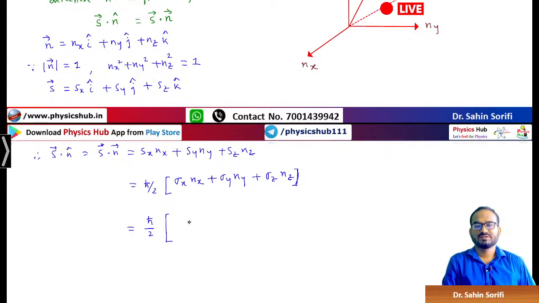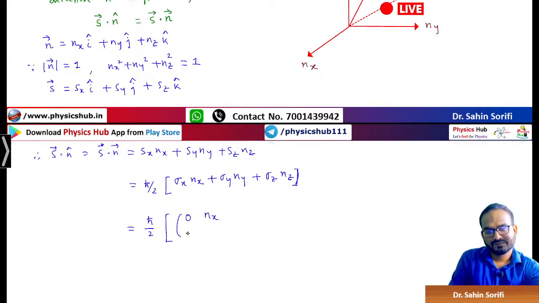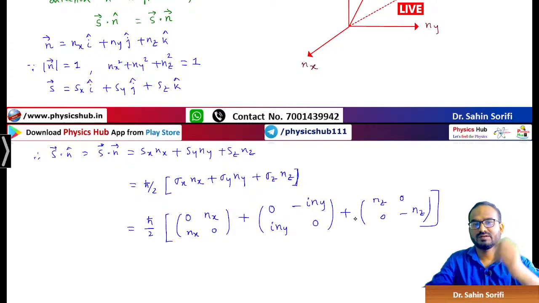Sigma x is 0 1 1 0. So 0 1 1 0 times nx, sigma y is 0 minus i, i 0 times ny, and sigma z is 1 0 0 minus 1 times nz. So we have just multiplied the constants.